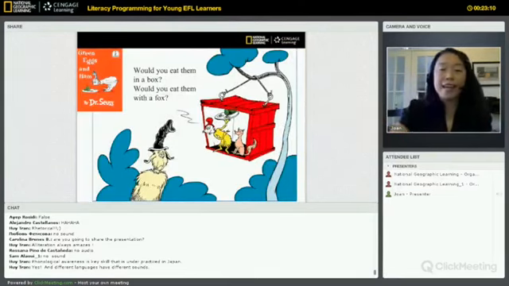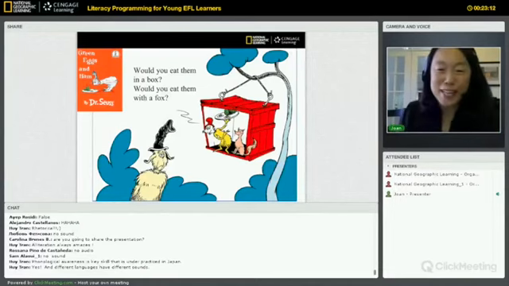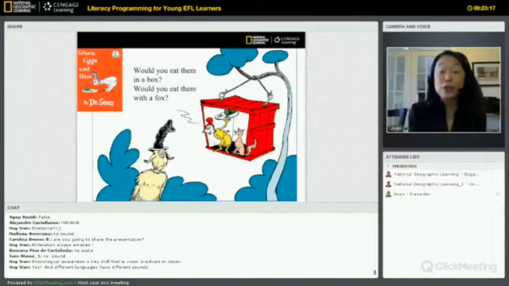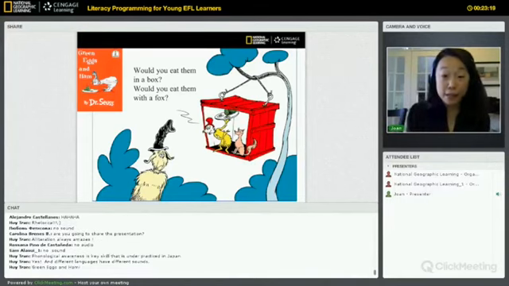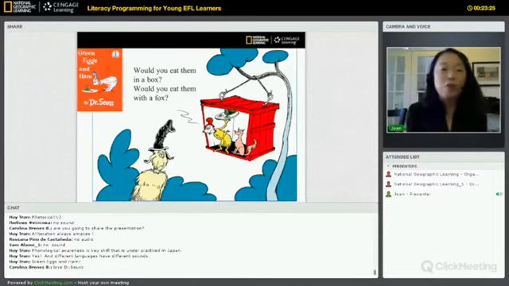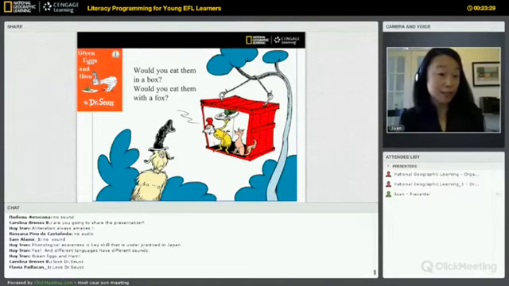That's why books like Dr. Seuss have been so popular in building early literacy. When they're read to kids, they start to hear the rhythm of the language, and there are lots of rhymes. Would you eat them in a box? Would you eat them with a fox?